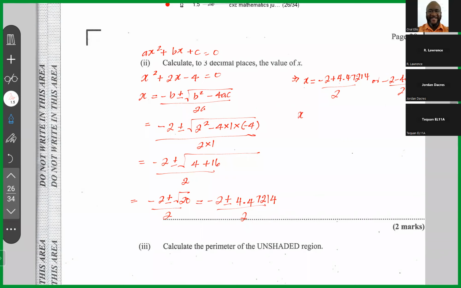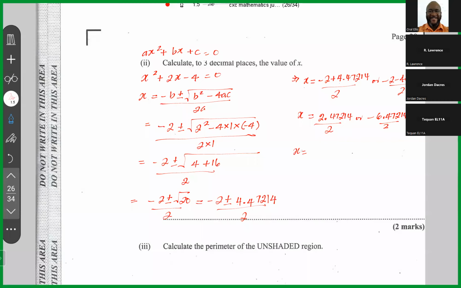So x is equal to 2.47214 over 2, or minus 6.47214 over 2. Therefore, x is equal to, let's divide, 2.47214 divided by 2.